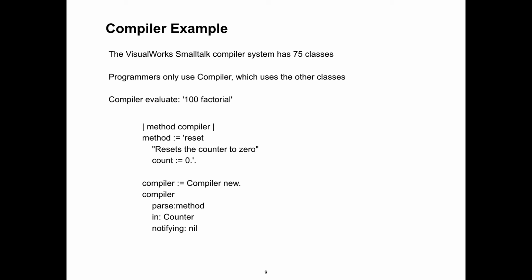Which, as an aside, does mean you can write code which, at runtime, takes in a string and compiles it as a method and adds it to a class and executes it, which is something you don't want to do very often.